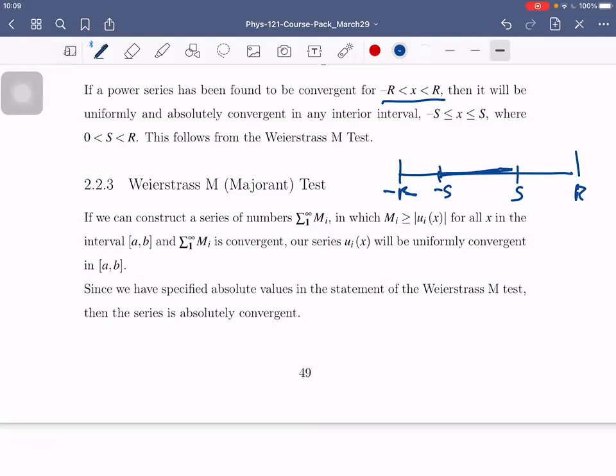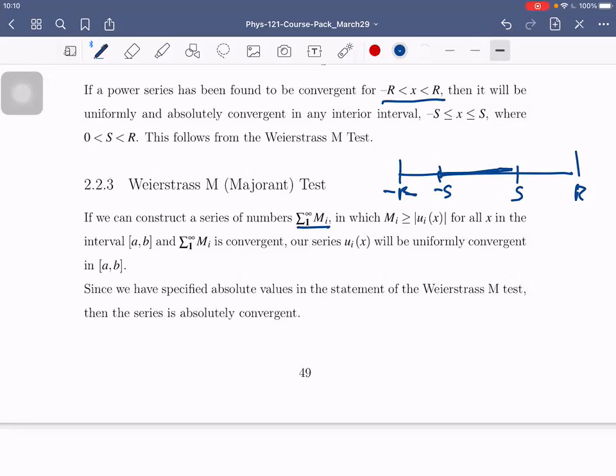Okay? So ito, we have the M test. Since this is a German word, I think this is pronounced Weierstrass M majorant test. Okay. If we construct a series of numbers, so this is similar to M test then. Let's say series of numbers, M sub i, sum from i equals 1 to infinity.